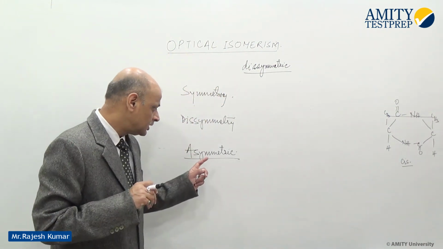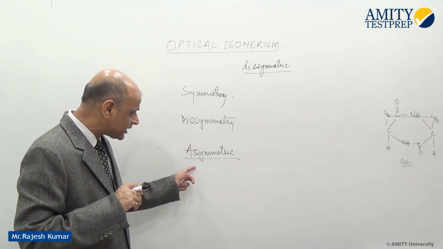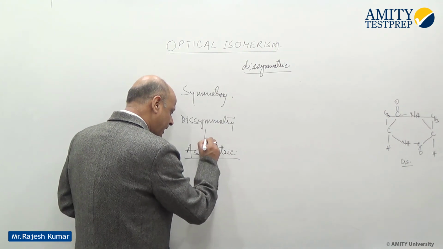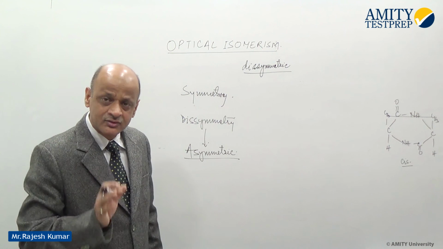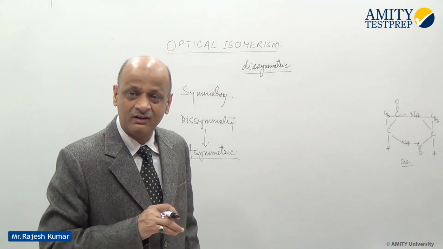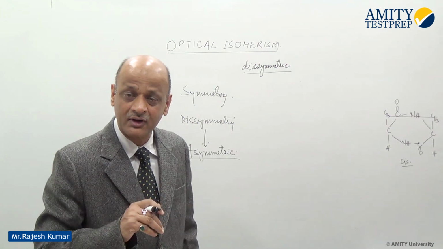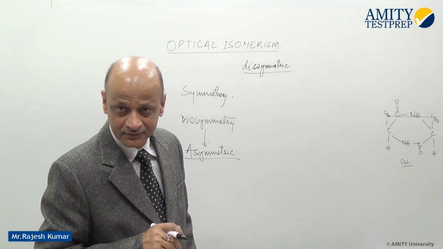So here dissymmetry is the important factor, and those dissymmetric molecules which have an asymmetric carbon atom are optically active. Actually, the presence of an asymmetric carbon atom makes the molecule dissymmetric, and that's why the molecule becomes optically active.